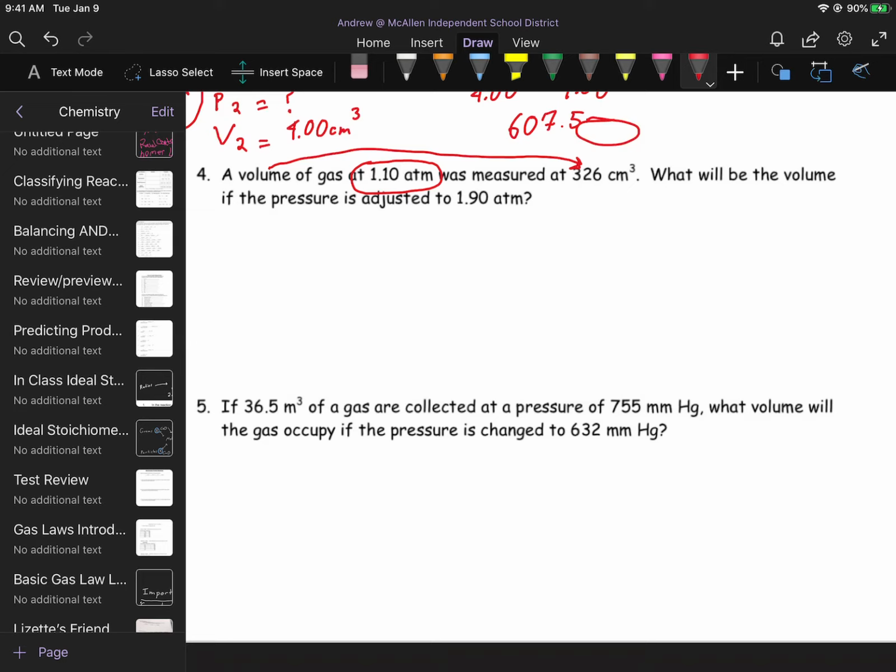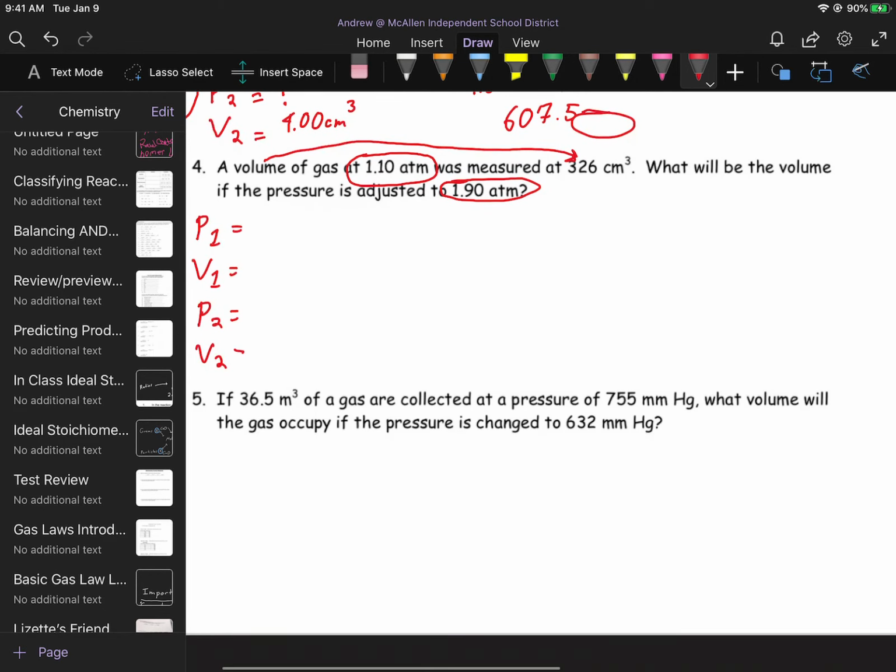On things I give you, I'll word them more clearly. Good thing I'm doing this one for you. What will be the volume if the pressure is adjusted to 1.90 atm? Now, this problem has no mention of temperature, so it's probably Boyle's law. So we have P1, V1, P2, V2.